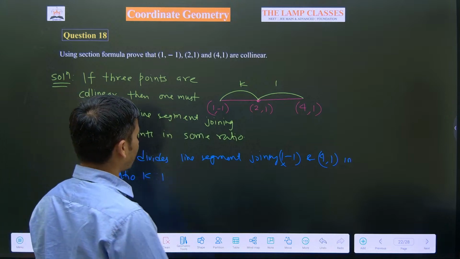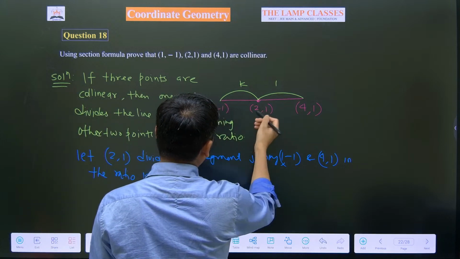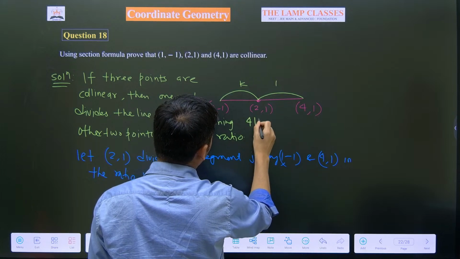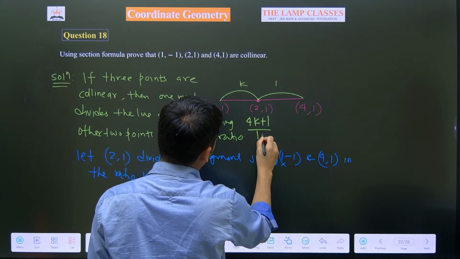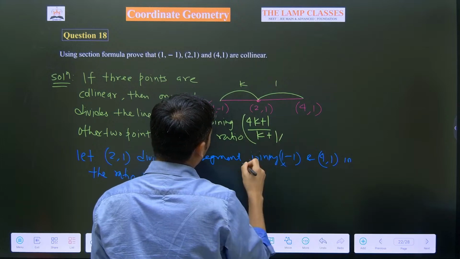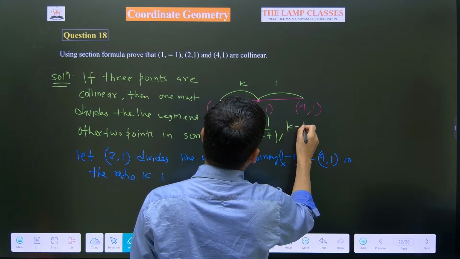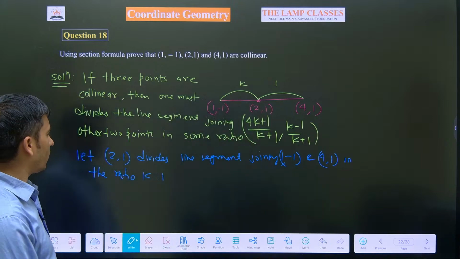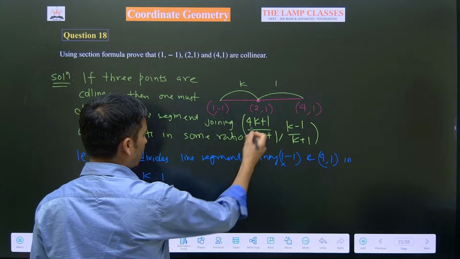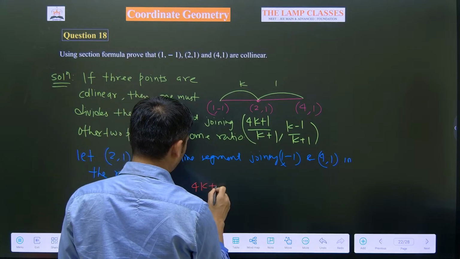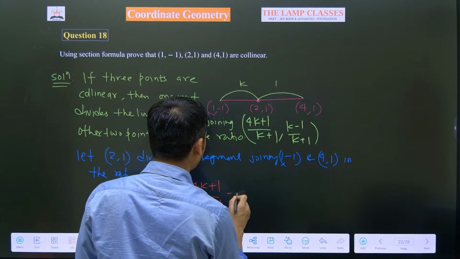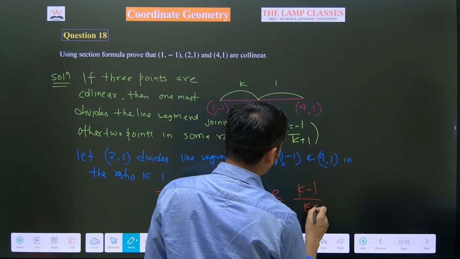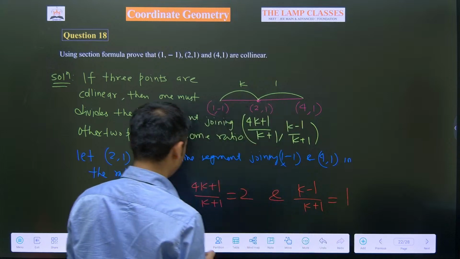We can, right? So the coordinates of this point we can find using section formula. That will be 4k plus 1 by k plus 1, comma k minus 1 by k plus 1, right? And can we equate the x coordinate and y coordinate? Therefore we get 4k plus 1 by k plus 1 is equal to 2 and k minus 1 upon k plus 1 is equal to 1.